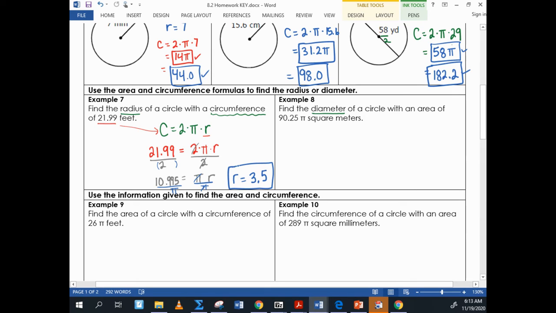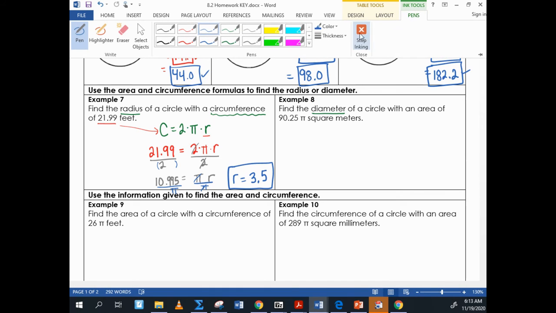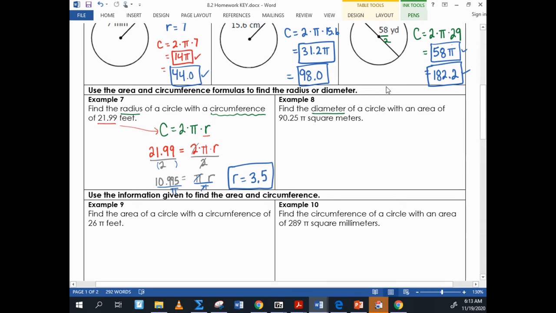Not too bad, right? All right, let's look at this next example, example number 8. Example number 8 also asks for the diameter, but we're going to pretend that we're just going to find the radius first, because it's easy to find the diameter from the radius, and all of our formulas use the radius. So we're going to look at the area formula, because they're giving us the area. We remember that the area is equal to pi times r squared.